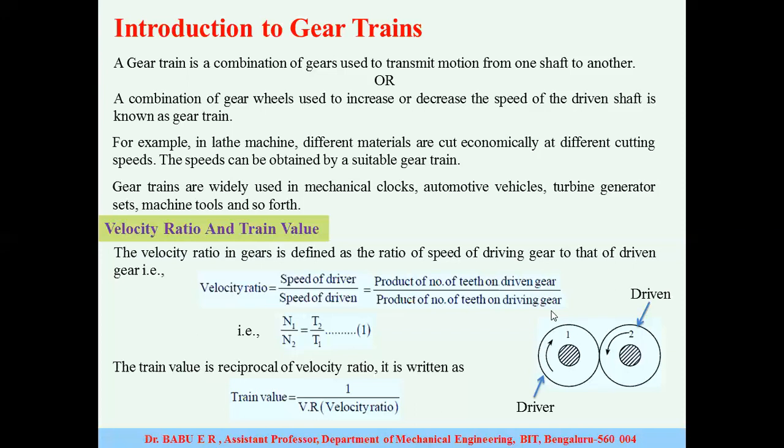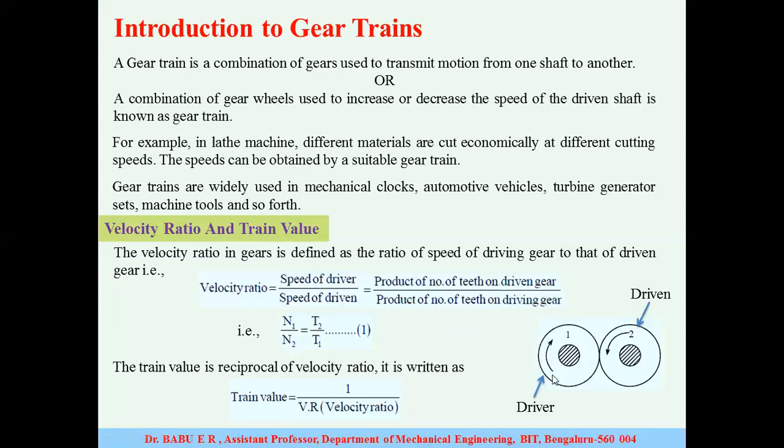For example, assume this is gear 1. Let gear 1 rotate at a speed of N1 and have a number of teeth which I will call capital T1. Similarly, the speed of gear 2 is represented by capital N2 and the number of teeth on the driven gear is represented by capital T2. Velocity ratio is defined as the speed of the driver to the speed of the driven.